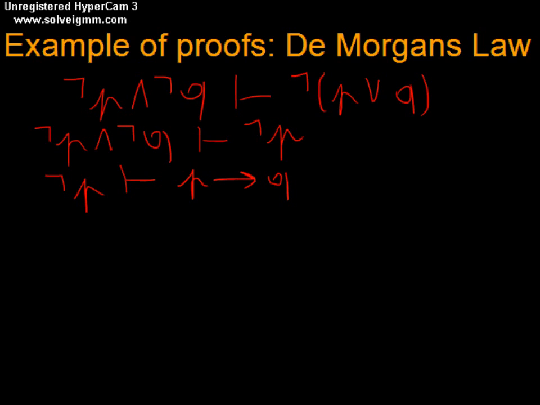So, I can infer from not P and from P that Q holds by the modus ponens, or the conditional elimination.